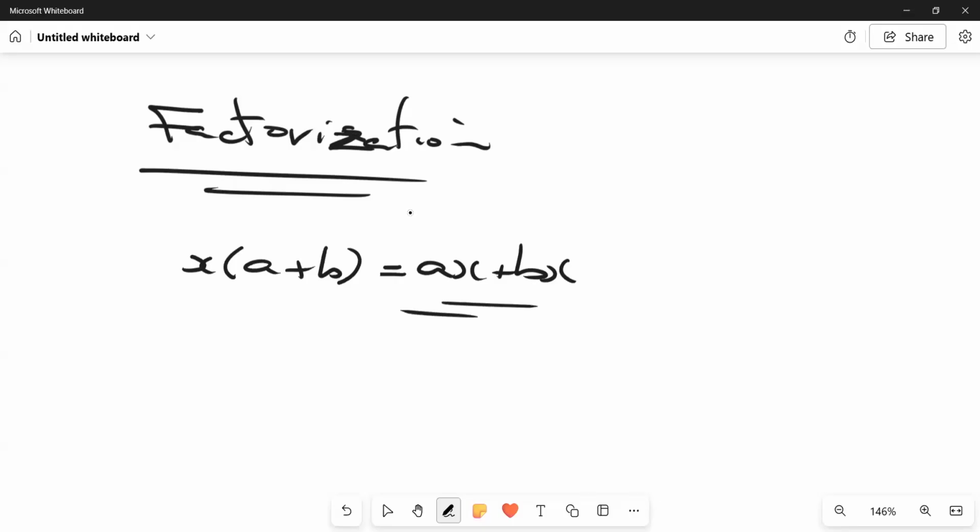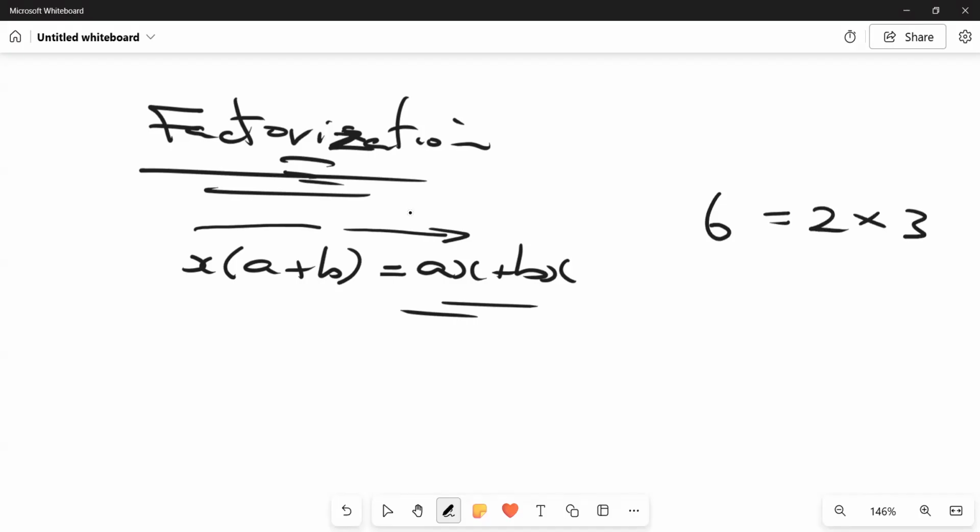And I did mention that while very often you use it to expand the bracket and get this, when it comes to factorization, and we should understand what we mean by factorization already. Remember we talked about prime factorization when we were doing LCM and HCF? If you have the number 6, factorizing 6, you write it as 2 by 3.